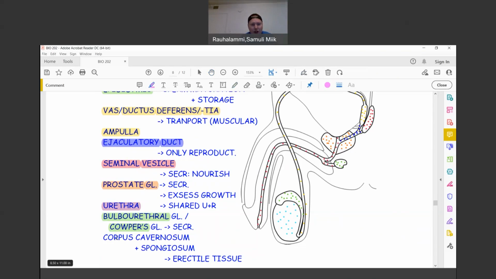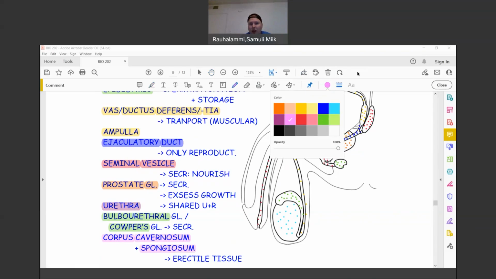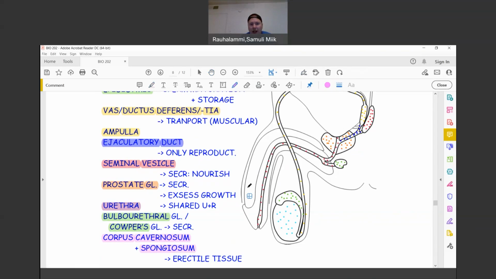Two final structures that I want to discuss are our erectile tissues, corpus cavernosum and corpus spongiosum. They are what's around the penis, so they swell as blood rushes into these structures, and this gives the erection, making the penis erect, more solid, harder, in response to the rich blood supply there.